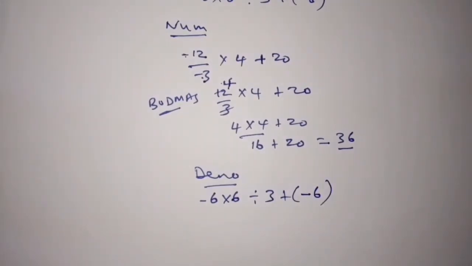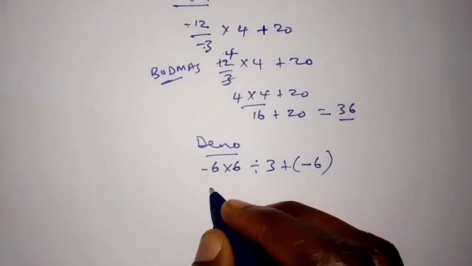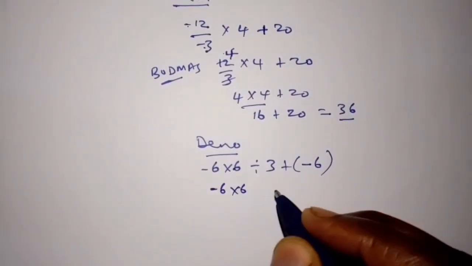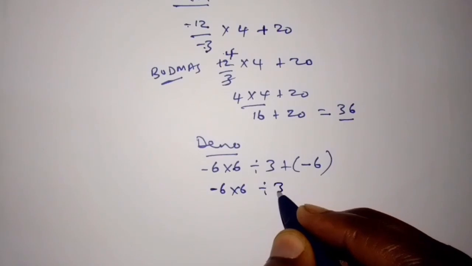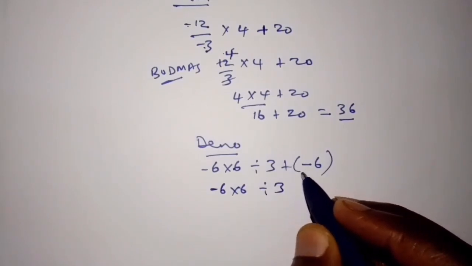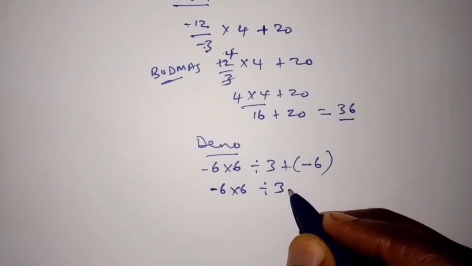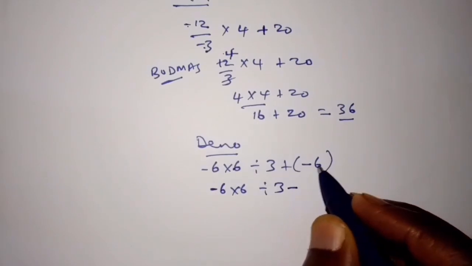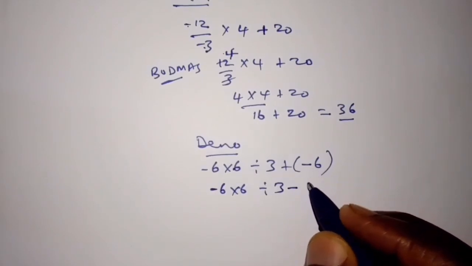Now we can get rid of this bracket by writing negative 6 times 6 divided by 3. Positive and negative is negative. That is a minus 6.